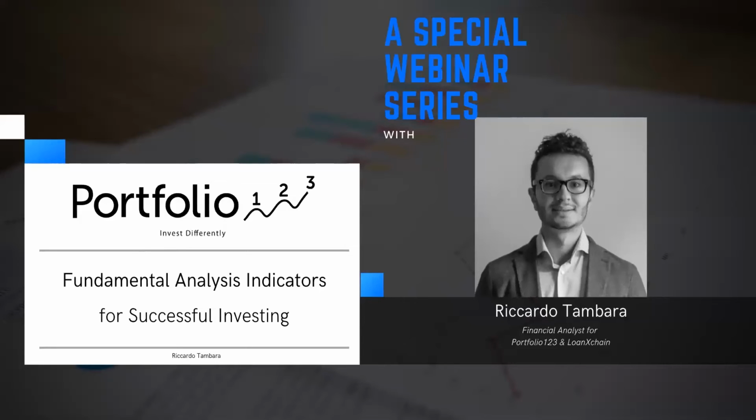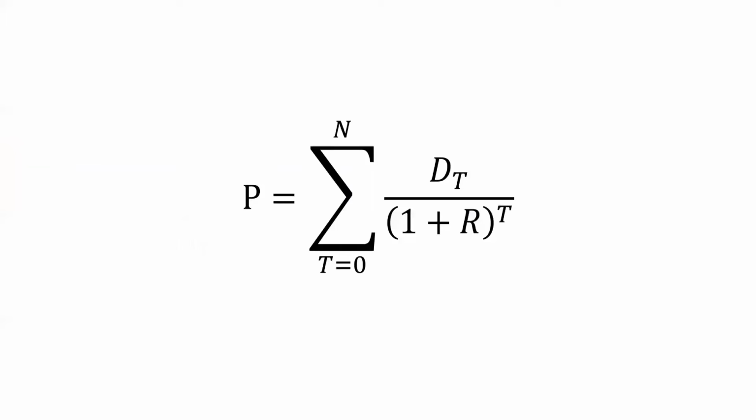So I promise you that this is the only piece of theory that we're going to get in this webinar. And for those who are not familiar with this formula, this is the dividend discount model. While pricing a stock, we are actually looking to the future.